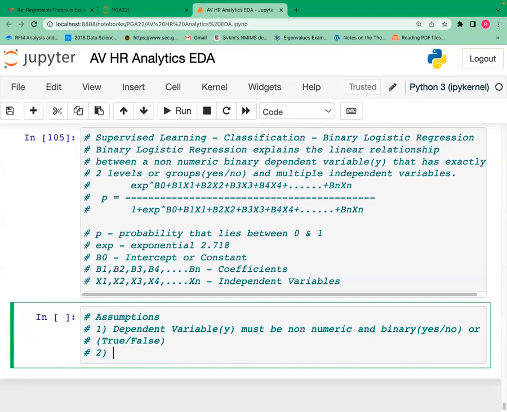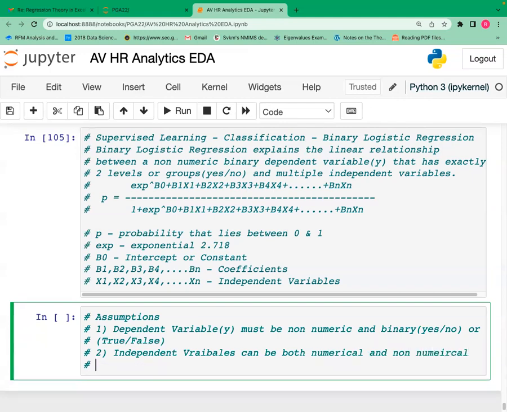Independent variables can be both numerical and non-numerical.